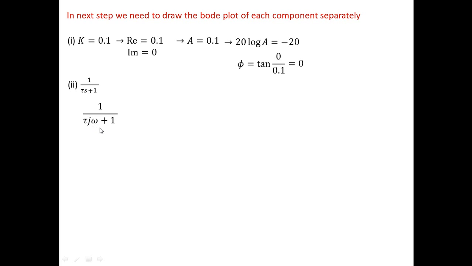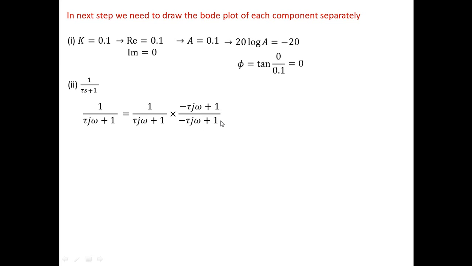To find the real and imaginary part, I need to get rid of j in this denominator. To do so, I multiply the numerator and denominator by the complex conjugate of this complex number. So I have 1 over (tau j omega plus 1) multiplied by (minus tau j omega plus 1) over (minus tau j omega plus 1).